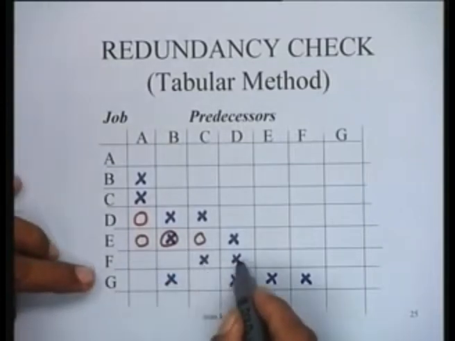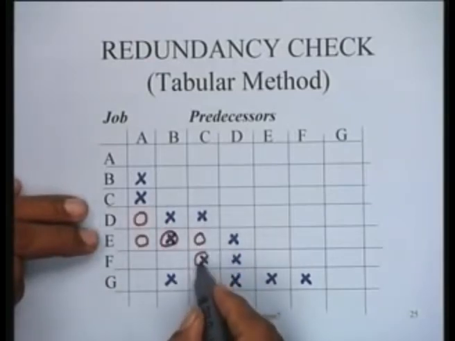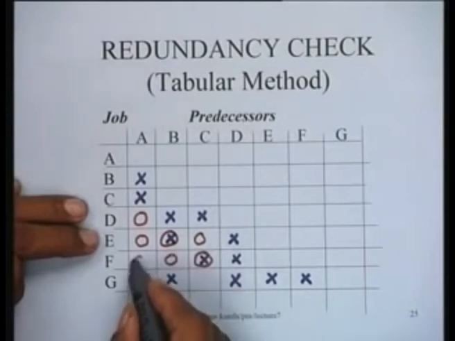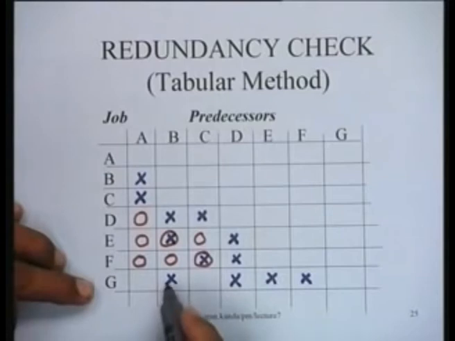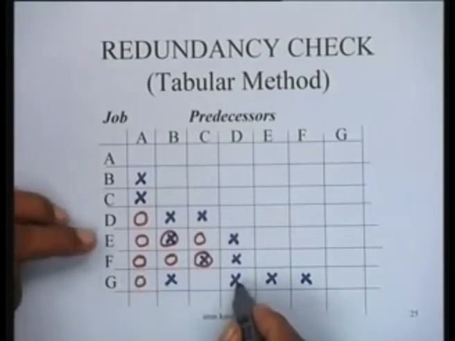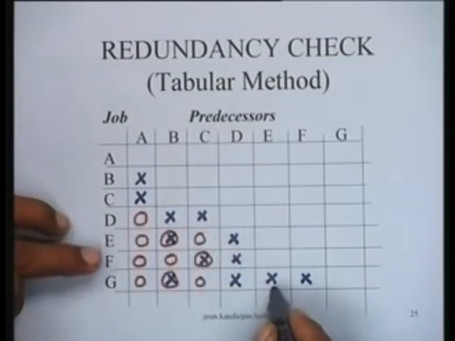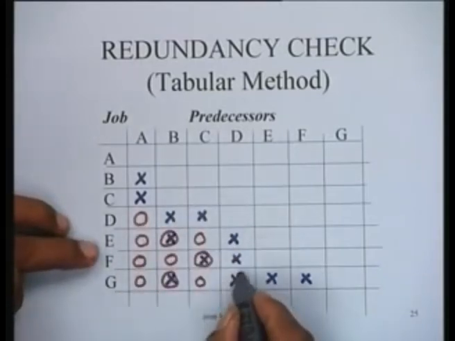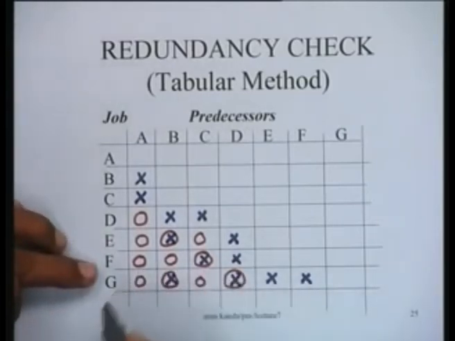And then you go down to F. When you go down to F, you find C and D. So look up the rows corresponding to C and D, and you find that these three become the implied predecessors of F. Then you look up these B, D, E and F. So for B there is only one, for D there are these three, for E there are these four, and for F there are these four which is already taken down.